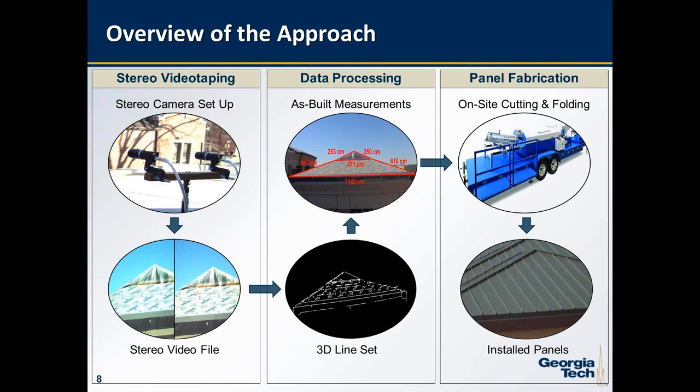On the job site, a cutting and folding machine can be used, and this information can be uploaded to that machine, which then automatically roll forms and cuts metal coil into panels ready for final installation, of which you can see an example at the end.